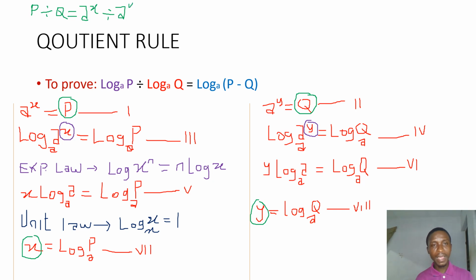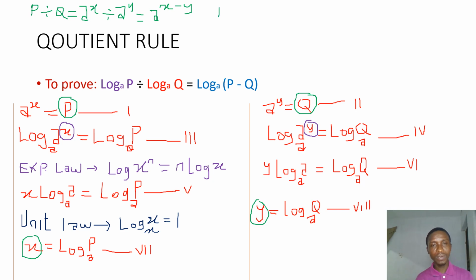Then if you apply the division rule of indices here, we have a raised to power x minus y. So we have gotten our equation now, which you can call equation 9.